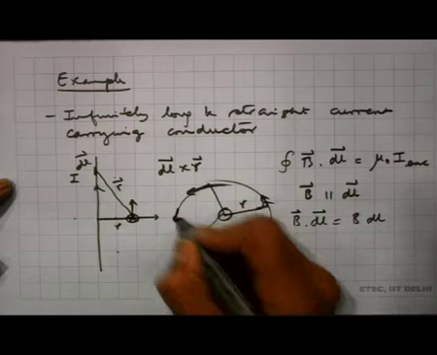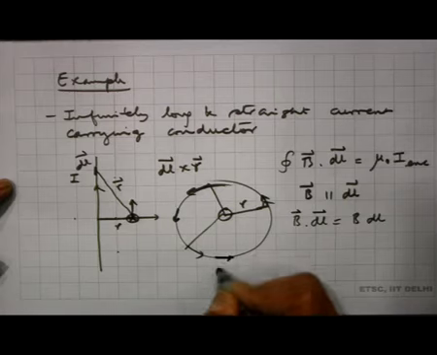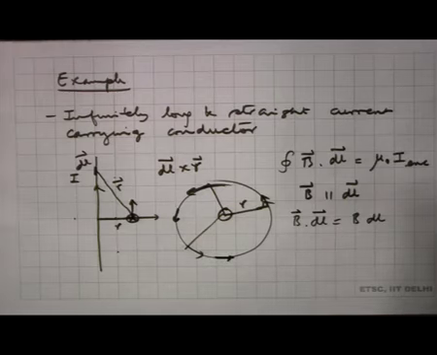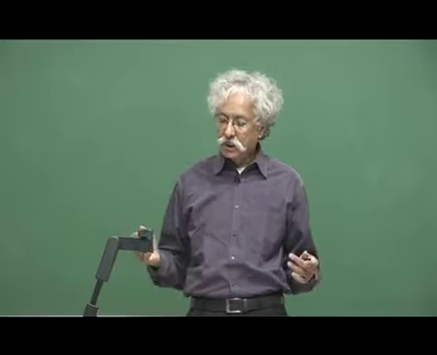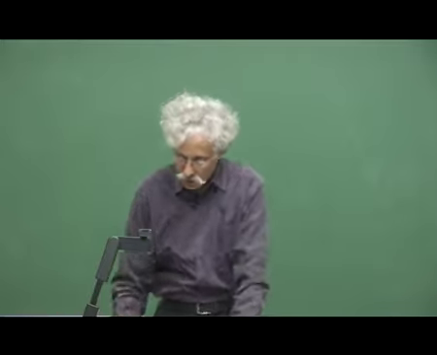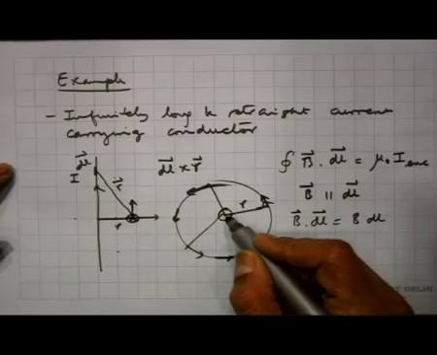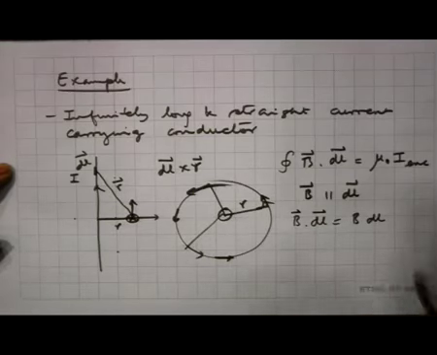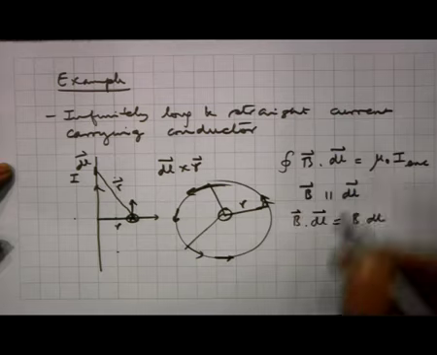For this integration I can choose any path, just like I can choose any Gaussian surface. My choice is a circular path around the wire with the wire at the center, so that it will help me to integrate the left hand side.